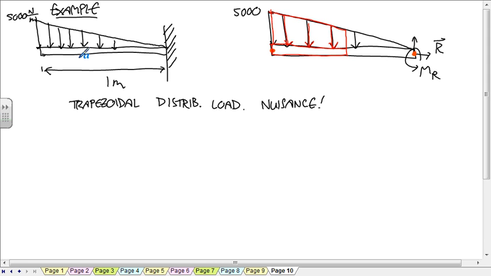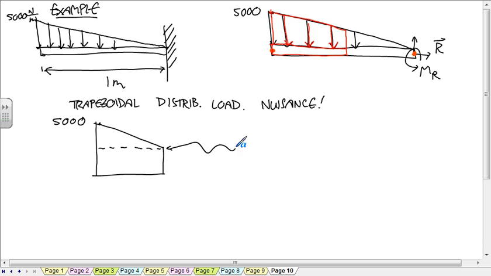So the way I do it is I break it up into a triangle and a rectangle. The height of this is 5,000. The height of this, since the width is x, if you figure out the function for this line, that gives you the height of the rectangle.